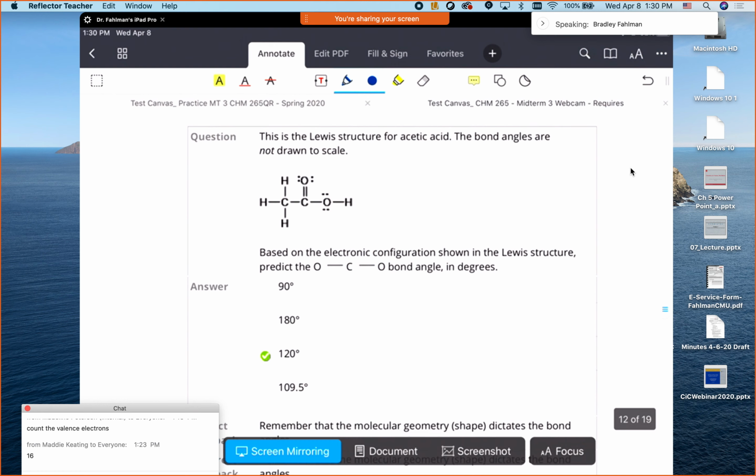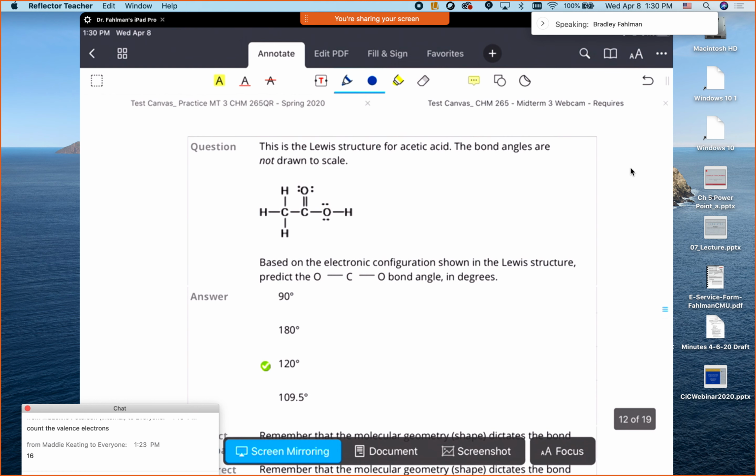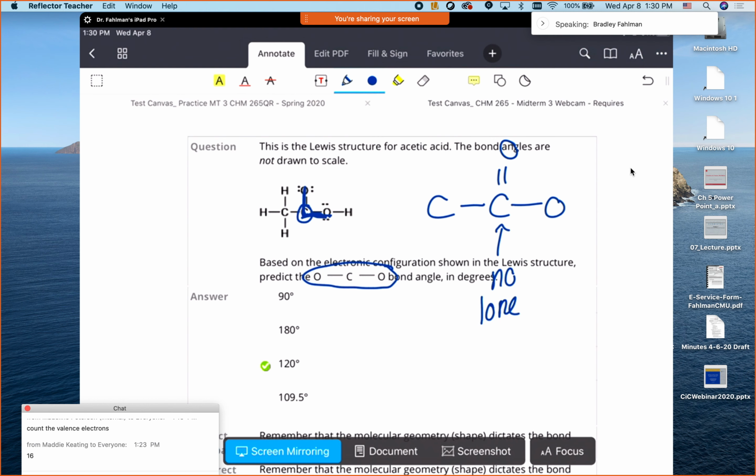Lewis structure for acetic acid. The bond angle of the OCO is actually talking about this one here, so that angle. If you look at this central carbon, that carbon is bonded to 3 things and there are no lone pairs on the central carbon.